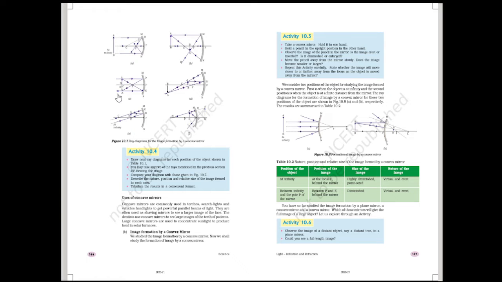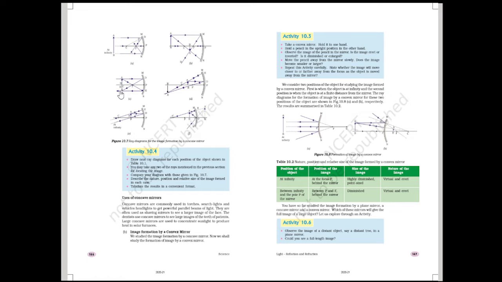When the object is lying on C, it passes through the focus as well and goes from this part. The image is formed at C only, and it is real and inverted.